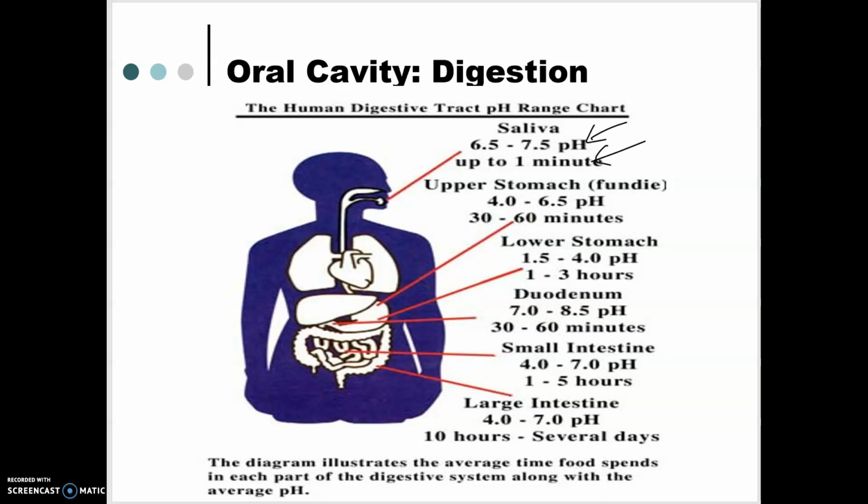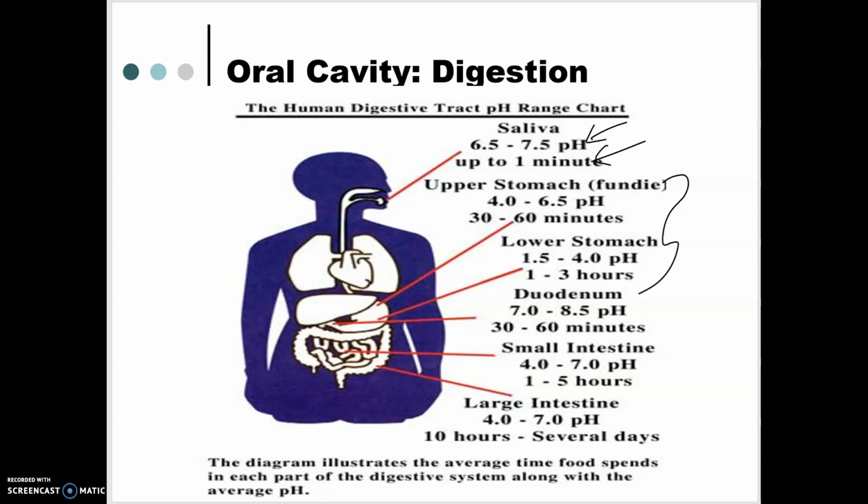So if you go down and you look at this right here, we're looking at the stomach. So food can spend around 4 hours in our stomach, and you can see the pH changes a lot in our stomach from 1.5 up to 6.5. There's a big range there.